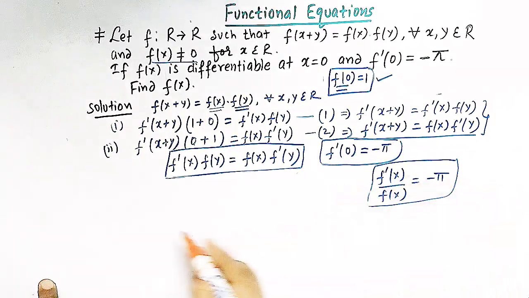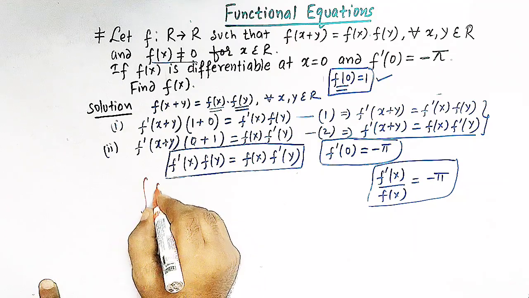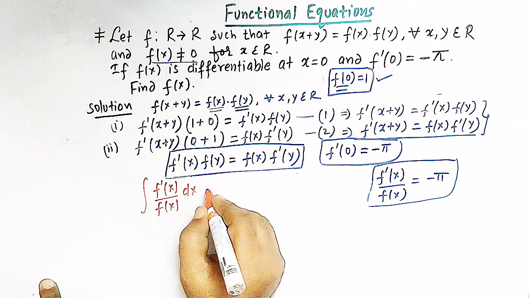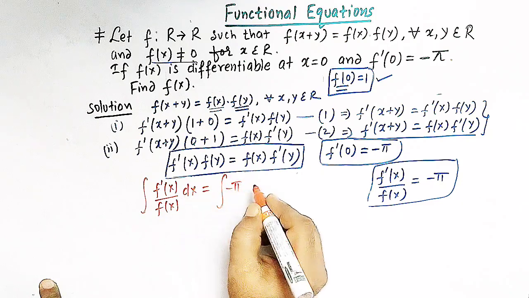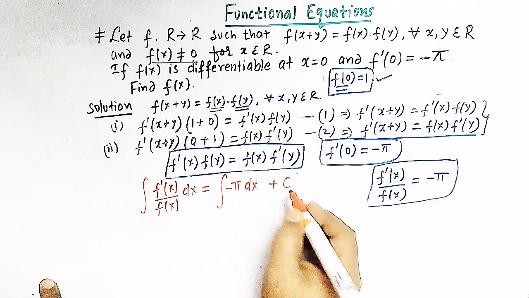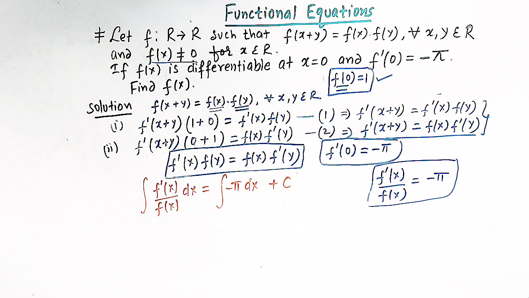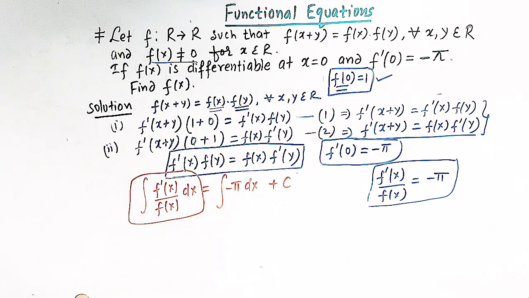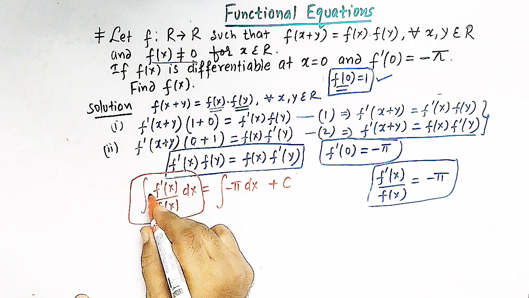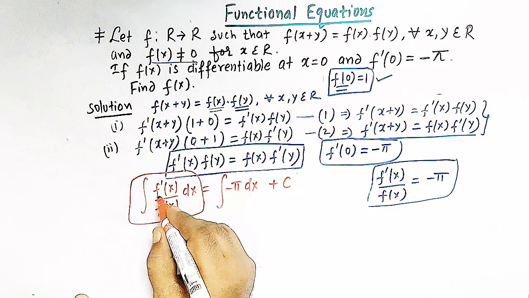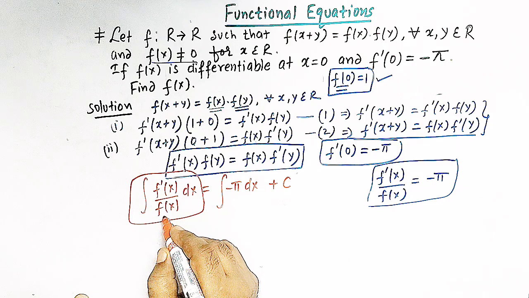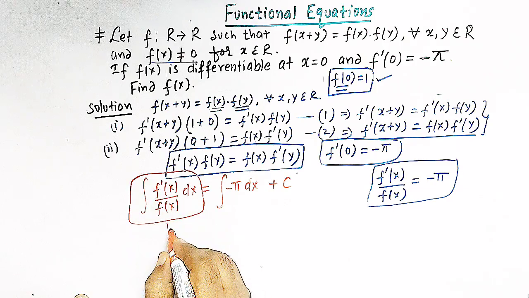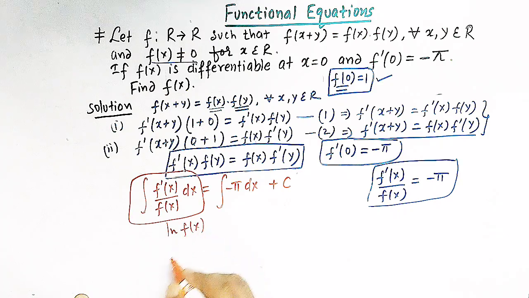So now integrating both sides with respect to x, we have f prime of x over f of x dx, and here we have minus pi dx, and c is the constant of integration, right? Now see, this is a well-known form in indefinite integral, because if we have an integrand in which the numerator is the derivative of denominator, then the integral of f prime of x over f of x is simply a log of f of x, right?